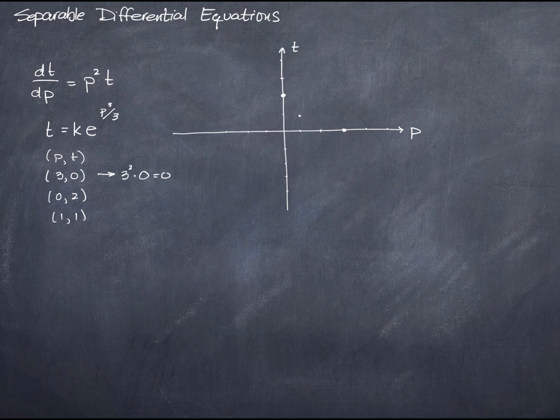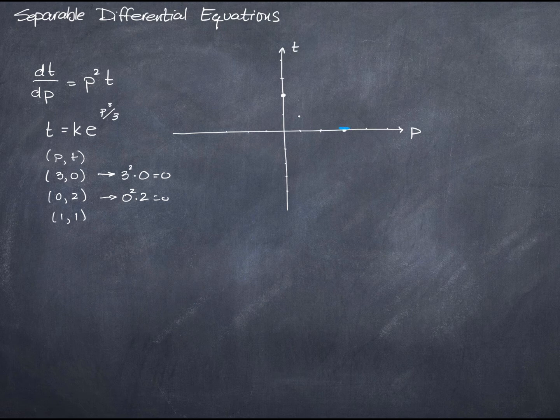Let's try that. All right, let's do the same thing now for 0, 2. If I plug 0 in for p and 2 in for t, I also get 0. That's going to be 0 squared times 2, which is 0. So at this point, I put that in the wrong place. This slope should be, maybe I'll use a different color, should be here.